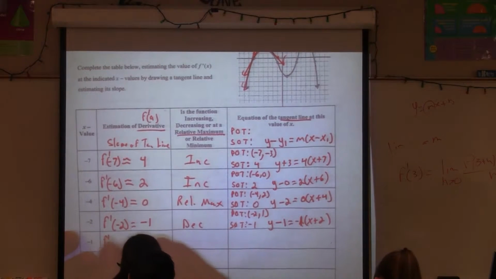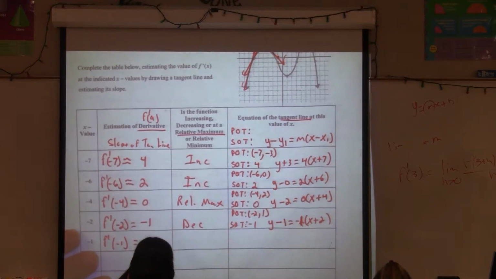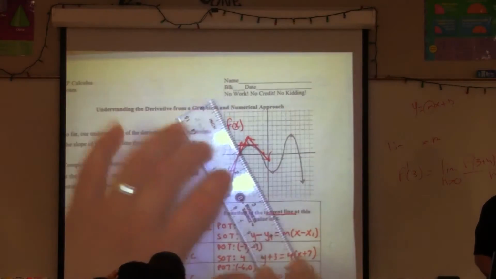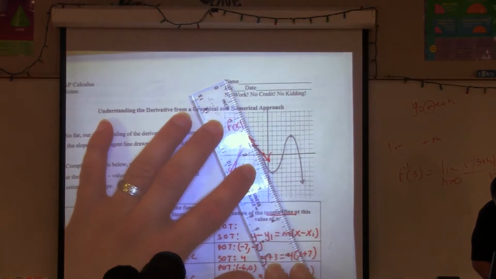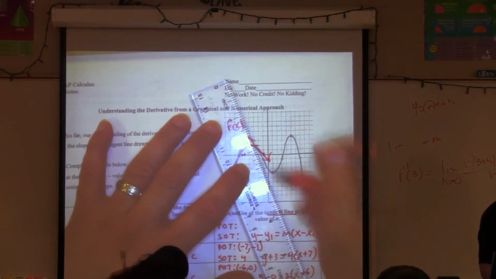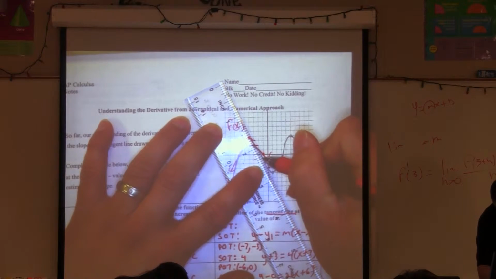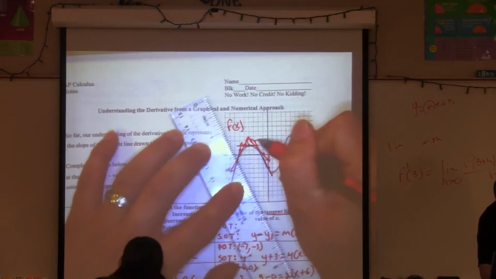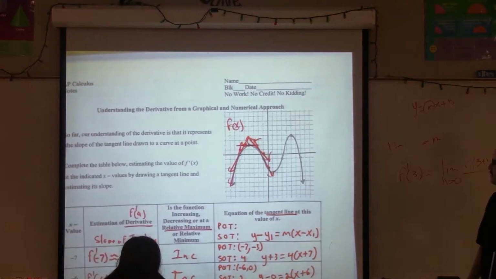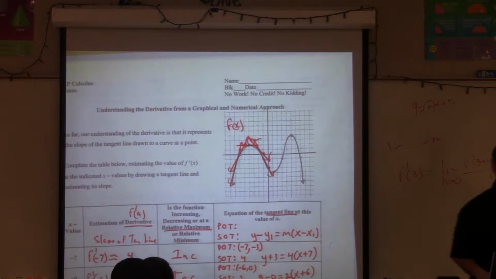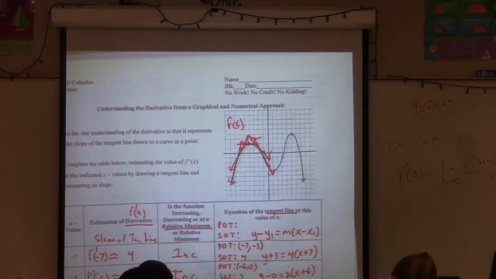F prime at negative 1. What's that one going to be? Maybe negative 2? Like 2 down and 1 to the side? Are there any wrong answers here? No, why are there no wrong answers? They're estimations, right? Some estimations just might be what?